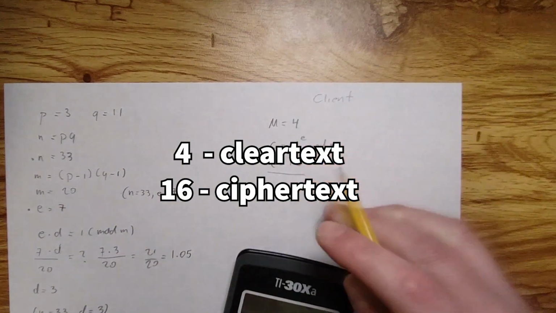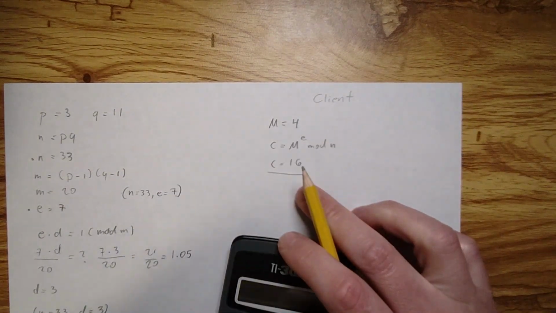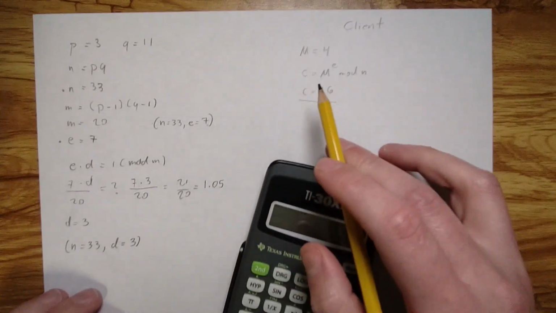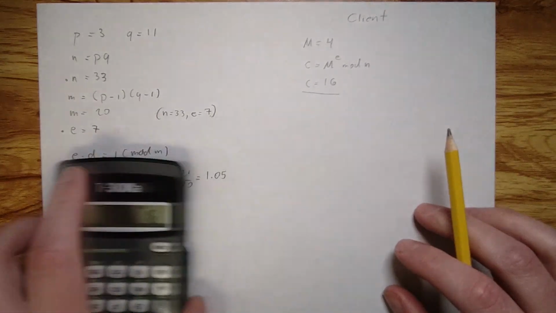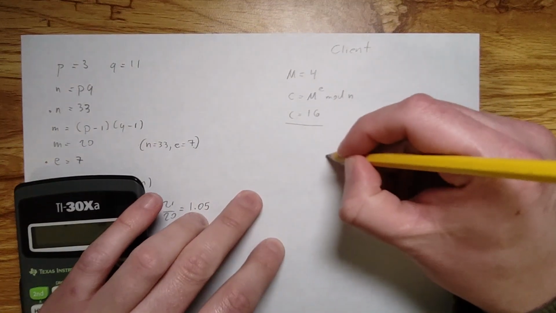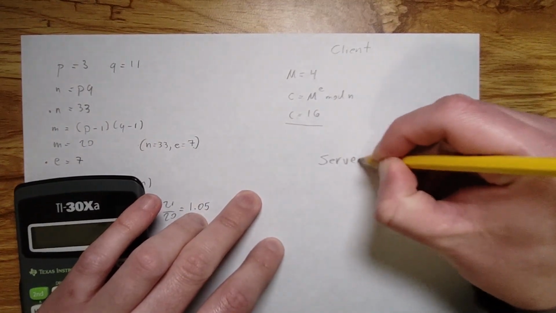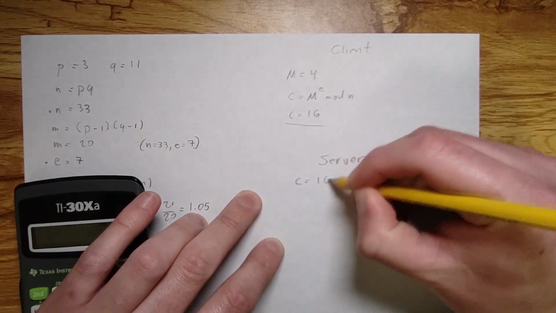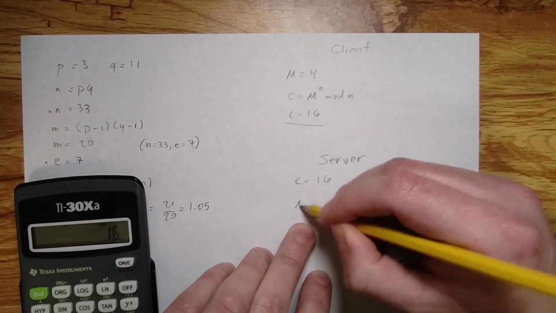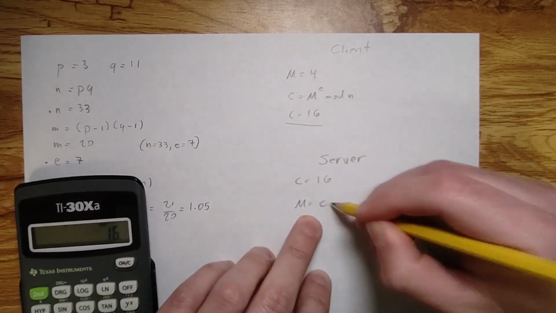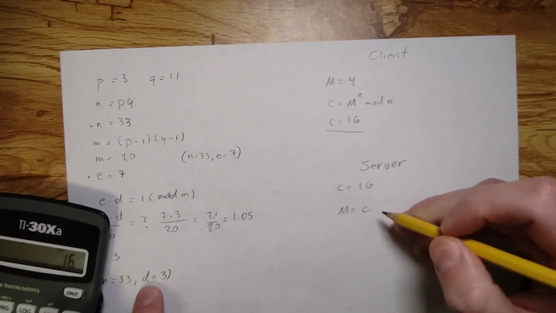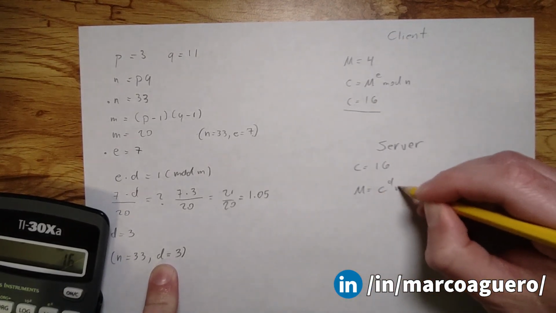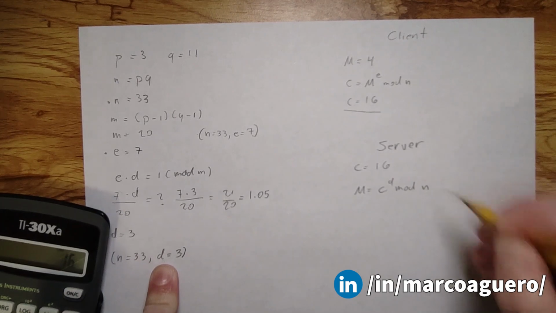This is what you are going to send over the network or whatever. This is what you are going to share with the server so the server can decrypt it. So how is the server going to decrypt that? The server will say, okay, I have a ciphertext of 16. I have to find the message, which is the ciphertext to the power of my decryption value, modulo N, right?